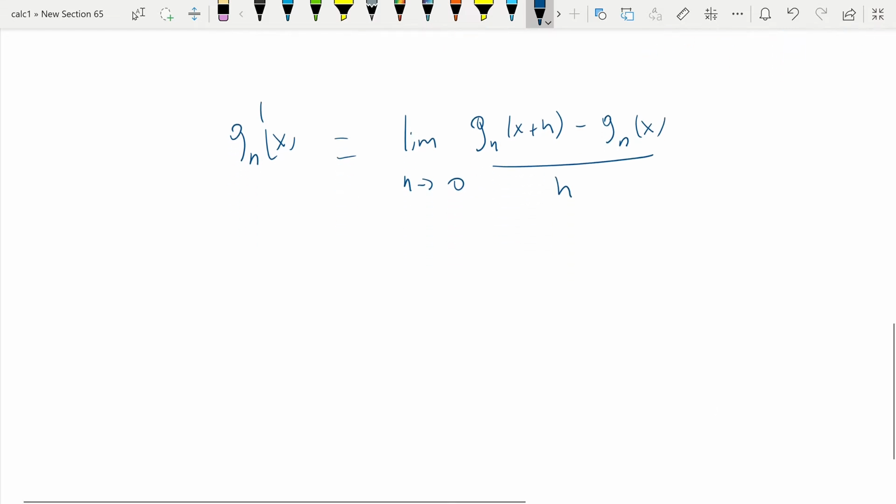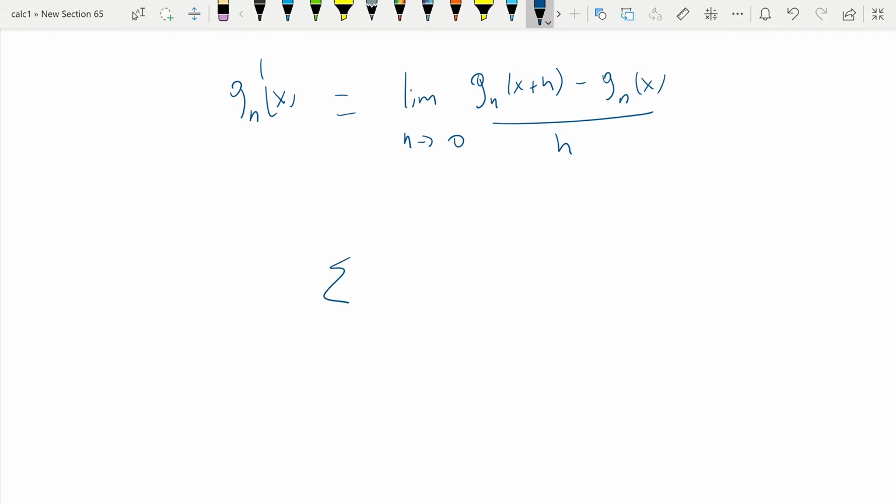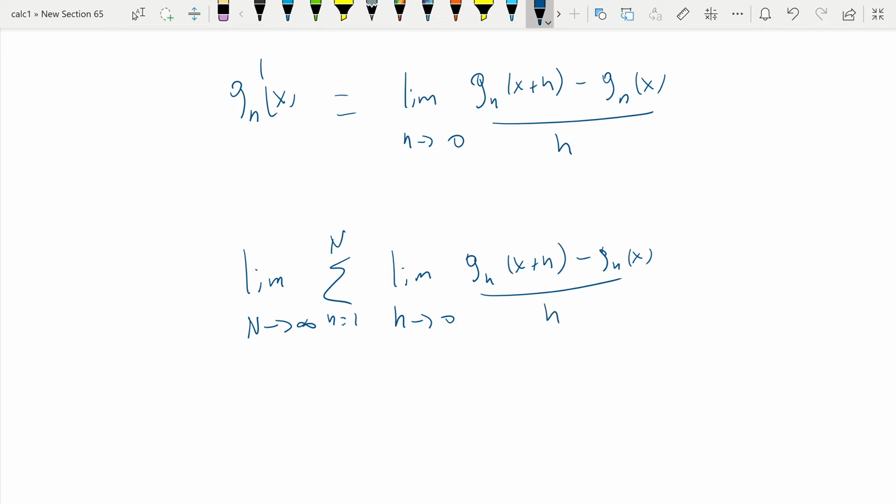And so when I spoke about having to take two limits here, it is because we have the limit when n goes to infinity of the sum from n equals 1 to N of the limit when h approaches 0 of g_n of x plus h minus g_n of x divided by h.